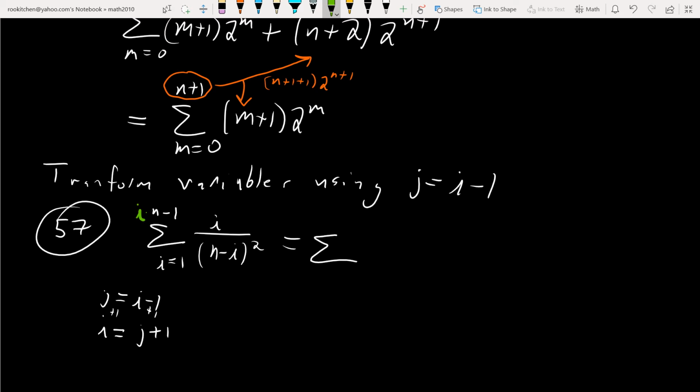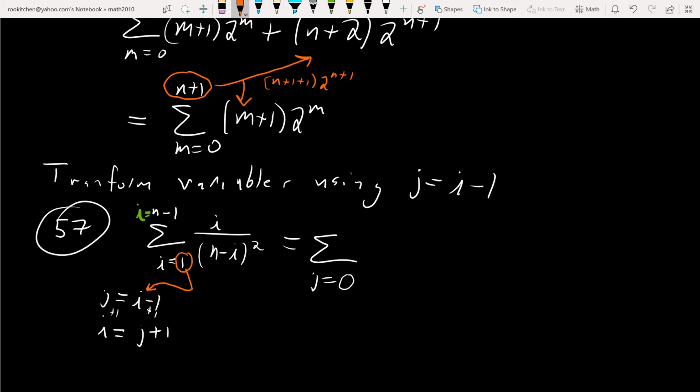Even the upper limit. It means it's going from i equals 1 to i equals n minus 1. And now I want to go from j equals something to j equals something. So what you do is just input these i values into the j formula. Okay, so for i equals 1, I'm taking that 1 and plugging it into the j formula right there. So when i is 1, j must be 1 minus 1, which is 0. Okay.